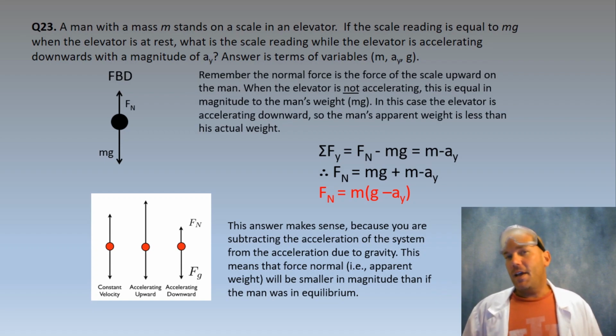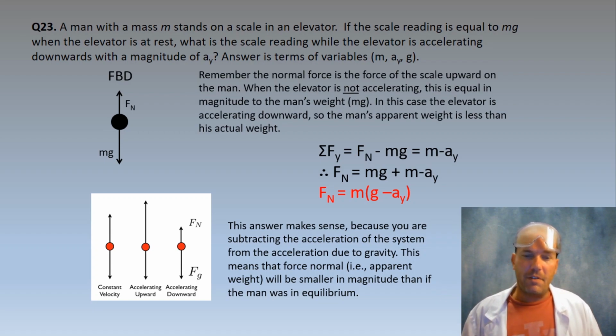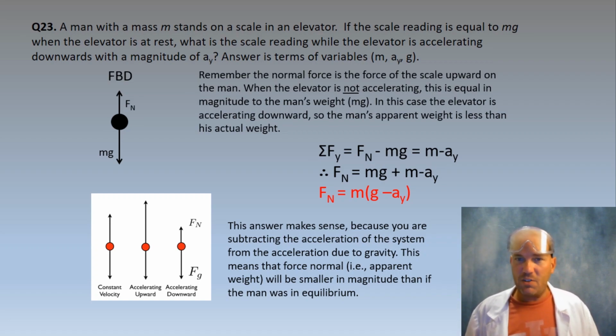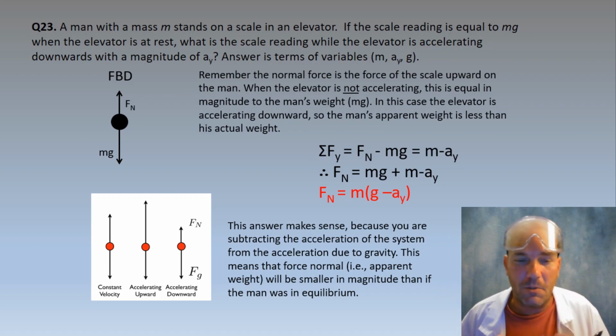We're subtracting that from the acceleration due to gravity. Therefore, the apparent weight goes down, and in the extreme case became 0 if the acceleration of the system was 10 meters per second down. Then we would get force normal equals 0.